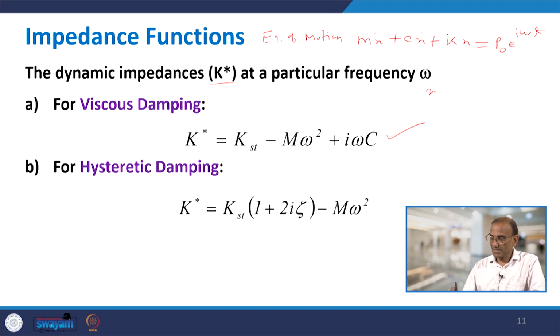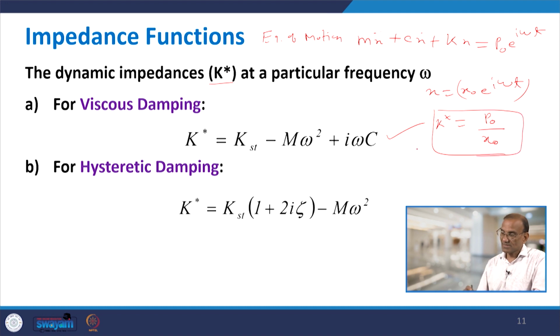If I represent x equal to x naught e^(i omega t), then from both sides e^(i omega t) will cancel out, and I will be left with K star, where K star in this case is nothing but the amplitude of the force P naught divided by the amplitude of the motion. So, K star is simply defined this way, and you can find the value of this stiffness as k minus m omega square plus i c omega. You see in this equation for dynamic stiffness you get both a real part as well as an imaginary part.